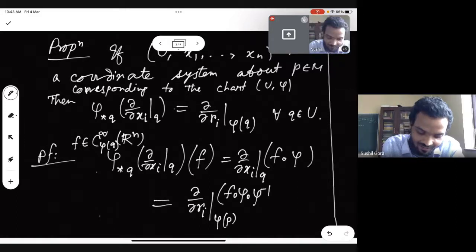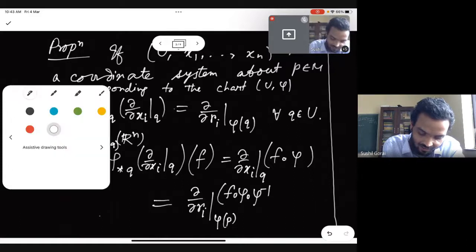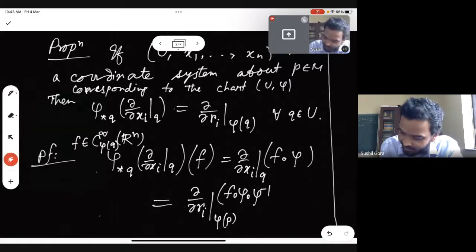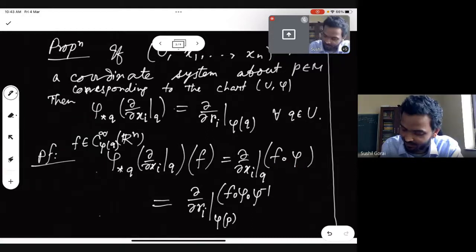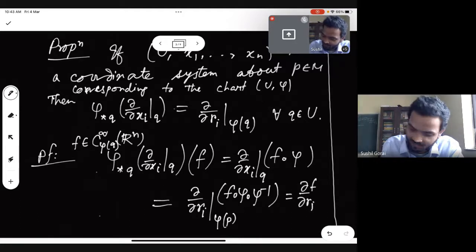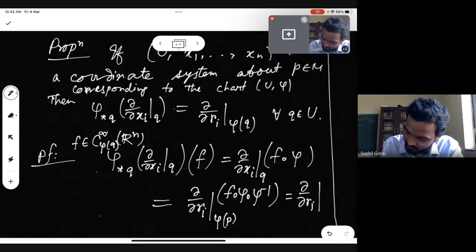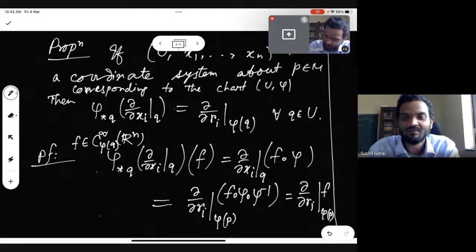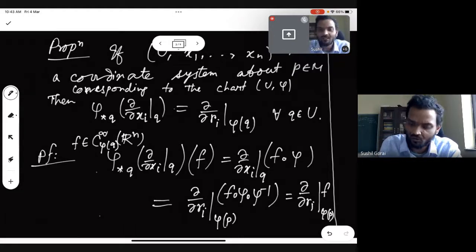So whatever the function is, we apply phi inverse on that, right? So what is it? Del f by del ri at phi p acting on f, right? And this is true for all f.